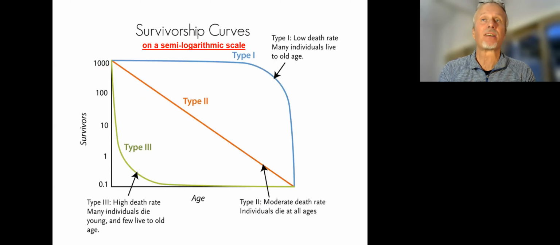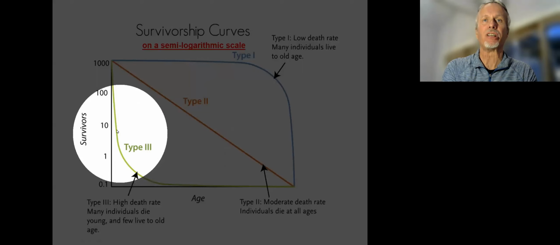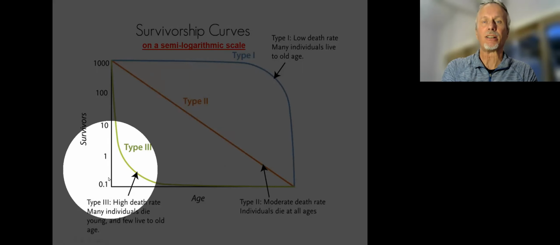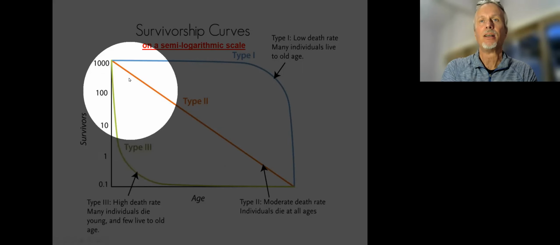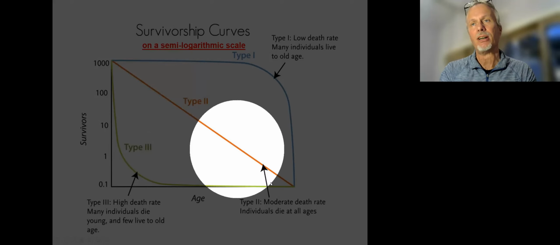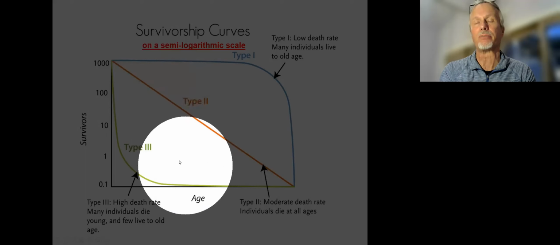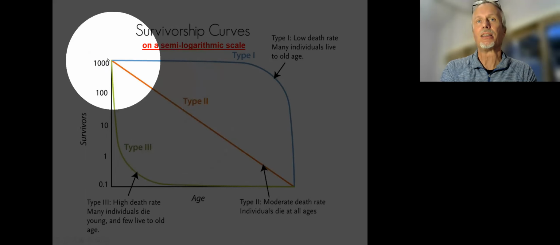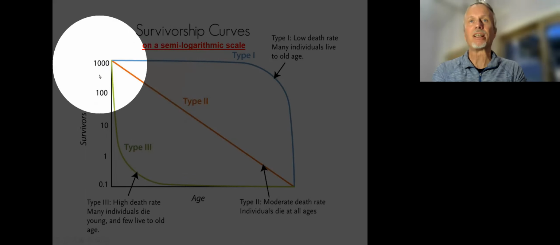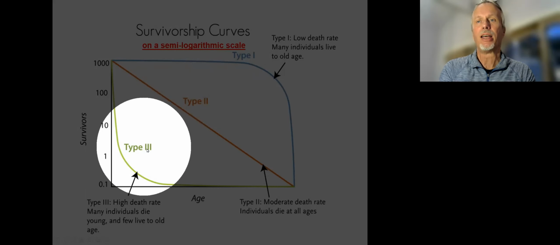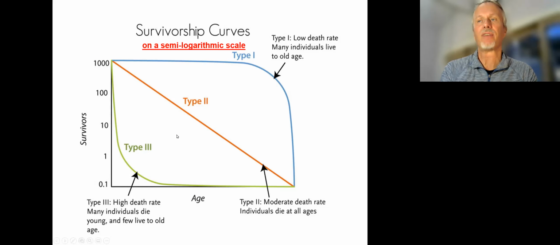If we look at a semi-log scale, where we report survivorship on a logarithmic scale, this is a decimal logarithmic scale, well, the exponential function, when the mortality rate is constant, becomes, as we know, a straight line. And this represents very clearly the difference between the type 1 and type 3 mortality functions.